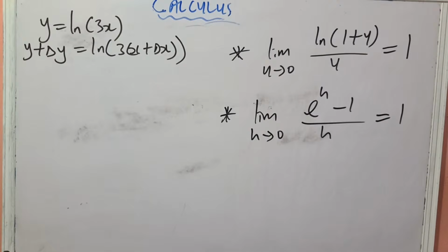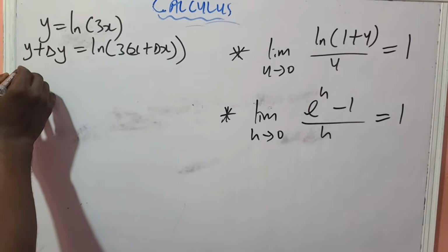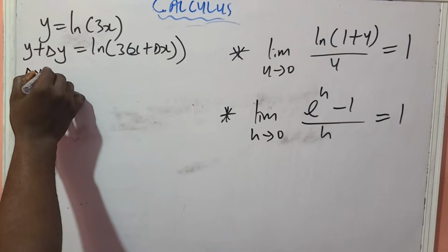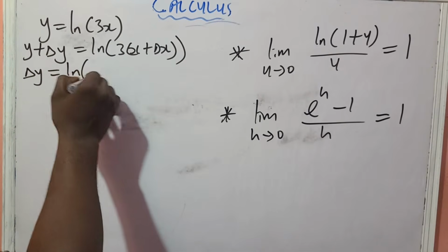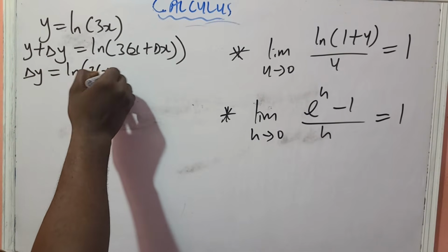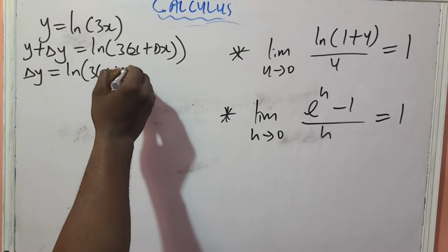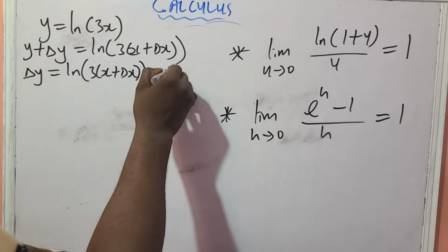This is basic. We have done this several times today. And I'm sure you understand what's going on. Good. So what we have to do next is to make change in y the subject of formula. And this will be ln 3(x plus change in x) minus y.